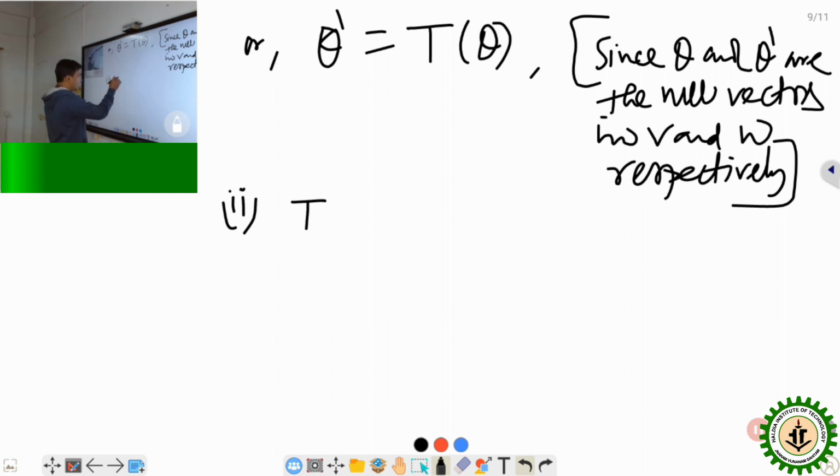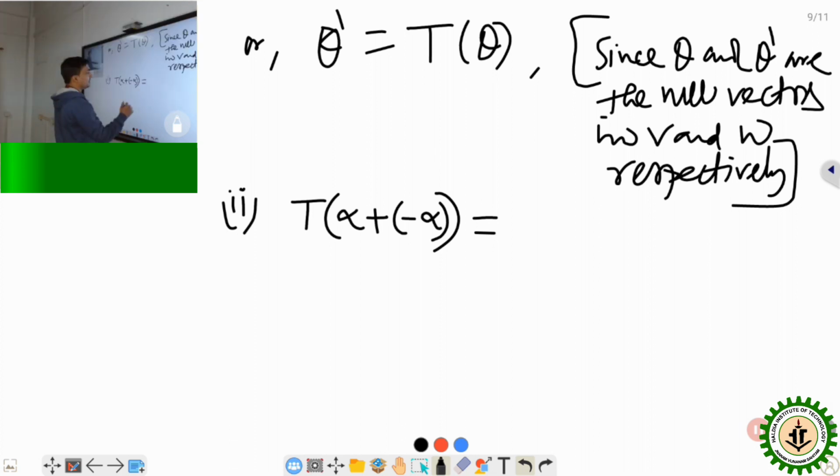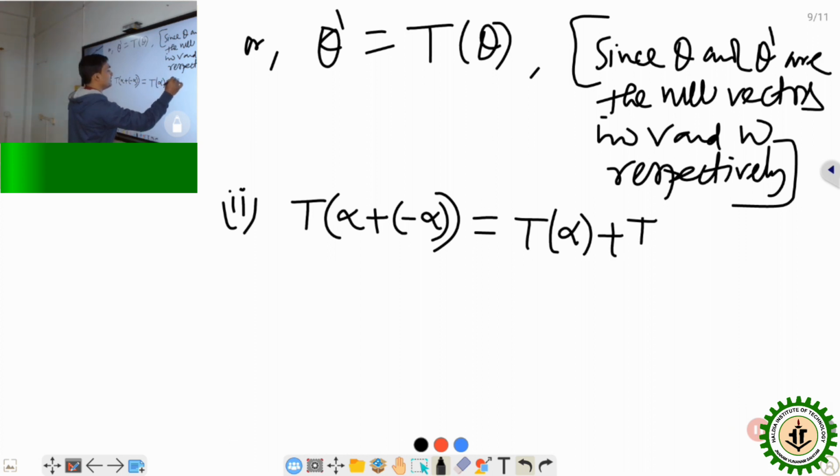Okay, so we know that T of alpha plus T of minus alpha, that is equal to what? Since T is a linear transformation, we can write it as T of alpha plus minus alpha.